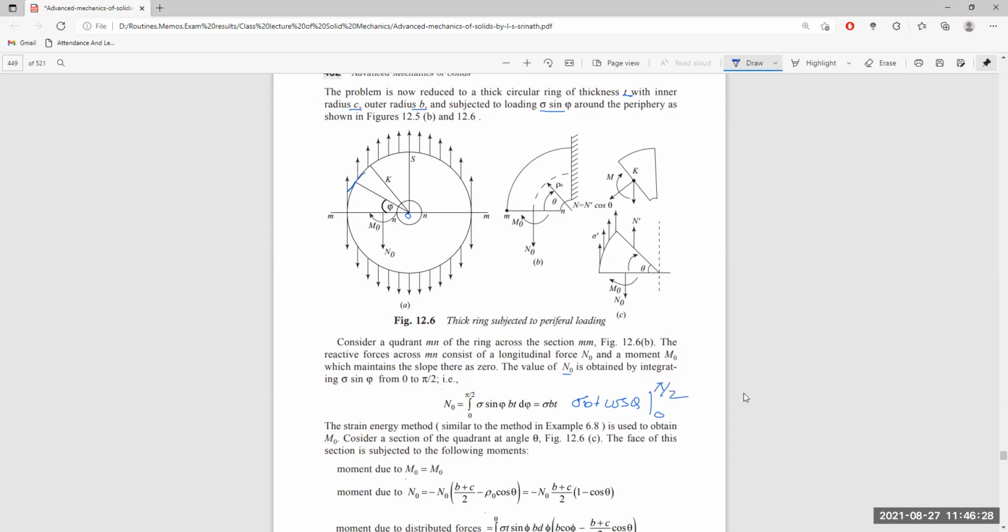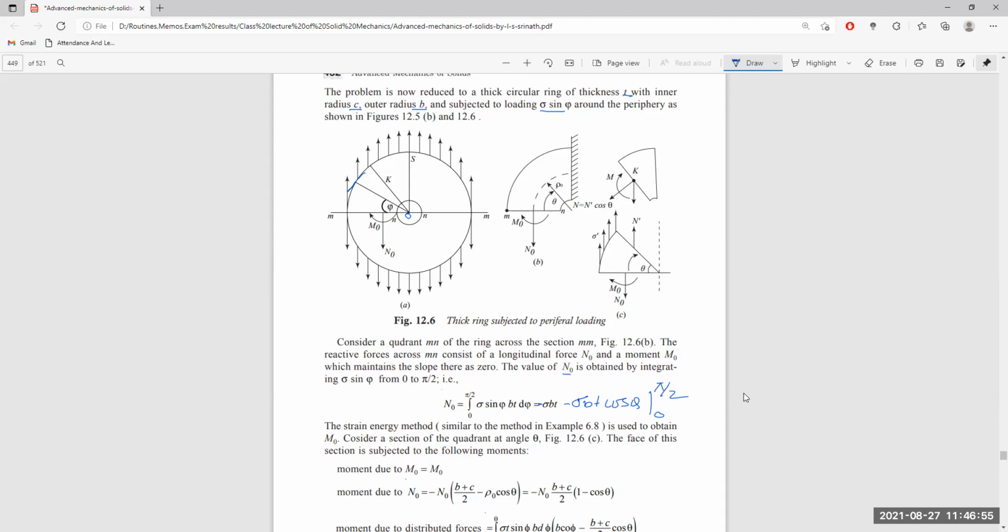Cos 90 degrees is equal to 0, and cos 0 degrees is equal to 1. So N0 is minus sigma bt, which shows that it is exactly opposite to the inclination of the value of sigma itself.